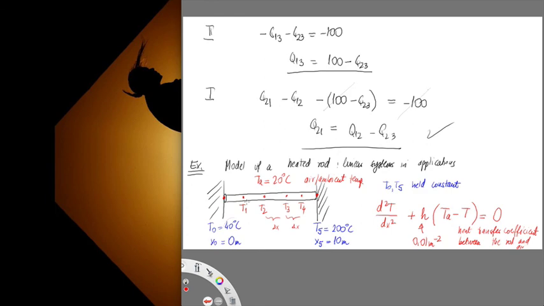So it's 2 meters. Okay. So basically, by discretizing this equation, we will formulate equations in T1, T2, T3, T4, and then we will look for the solution of that linear system.